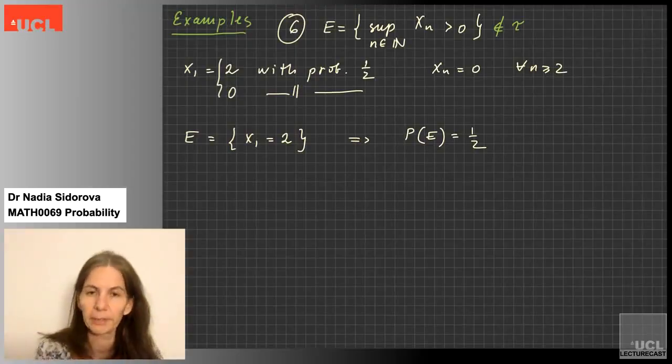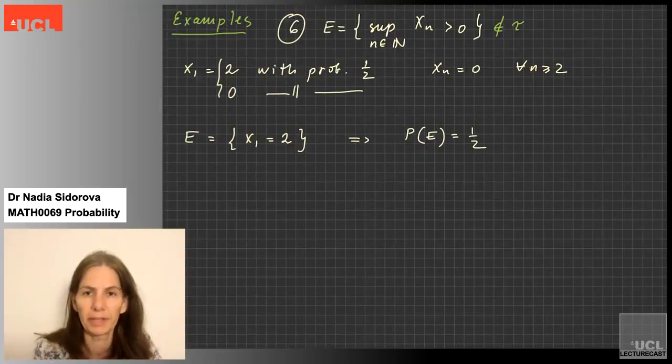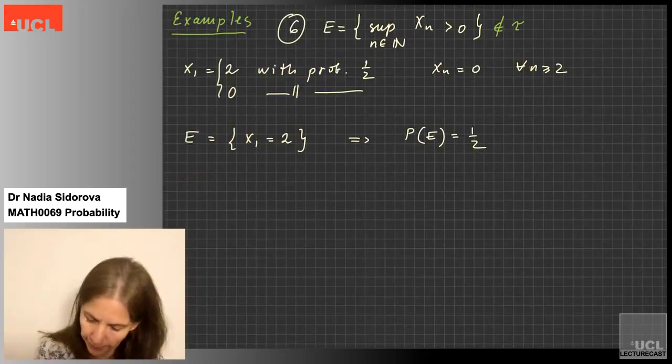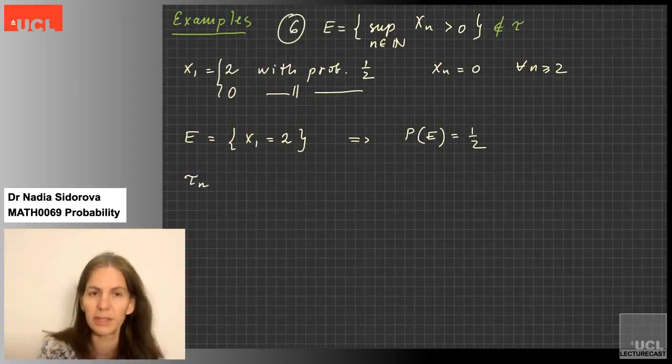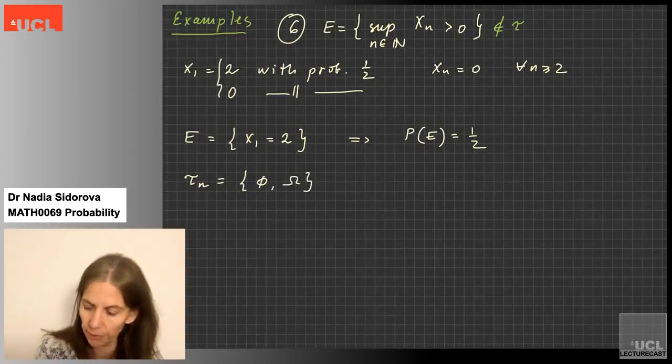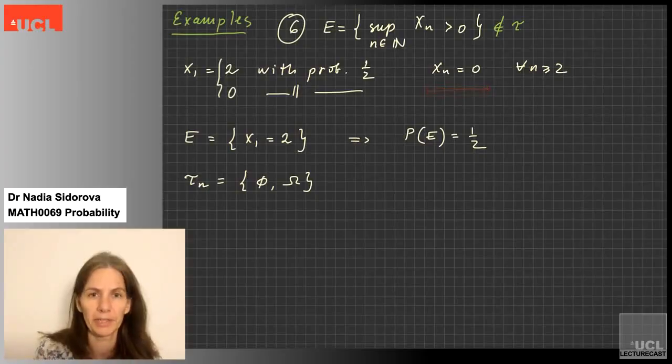But on the other hand, let me find the tail sigma algebra tau explicitly. So tau n, for any n greater or equal than 2, is the trivial sigma algebra consisting of the empty set and omega, because those random variables are deterministic.